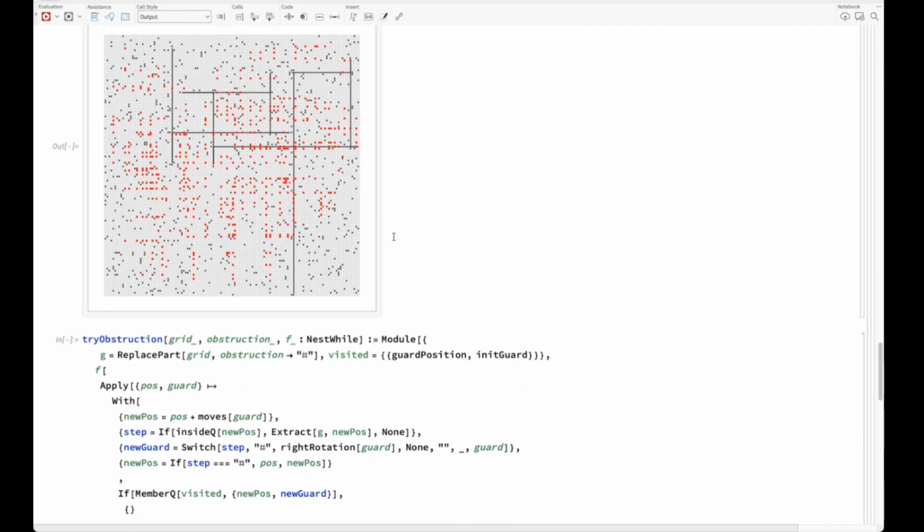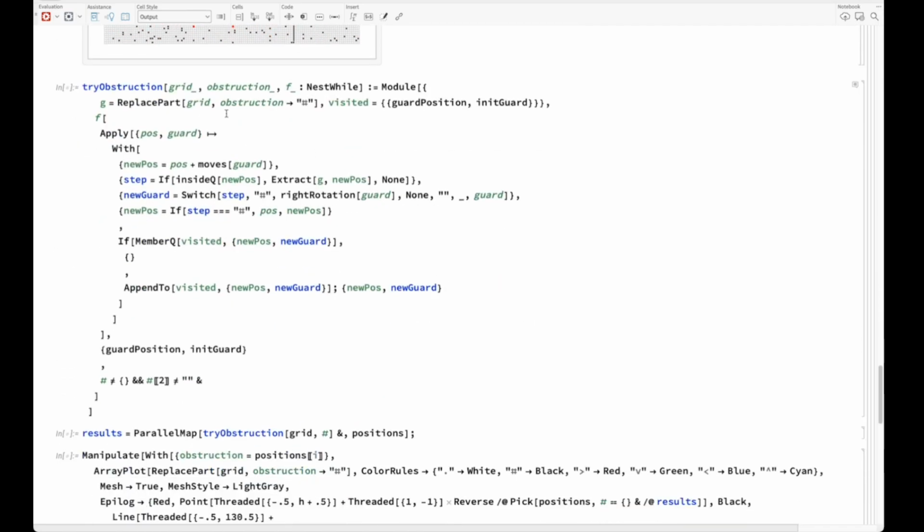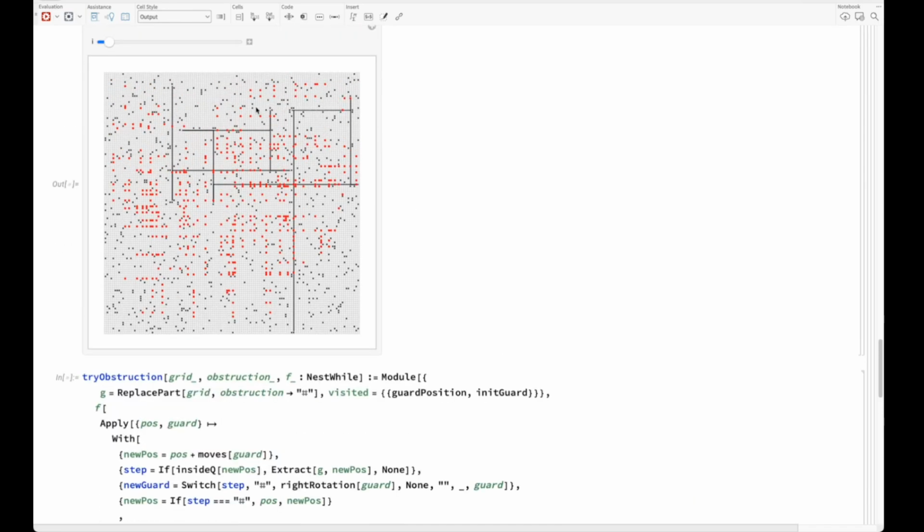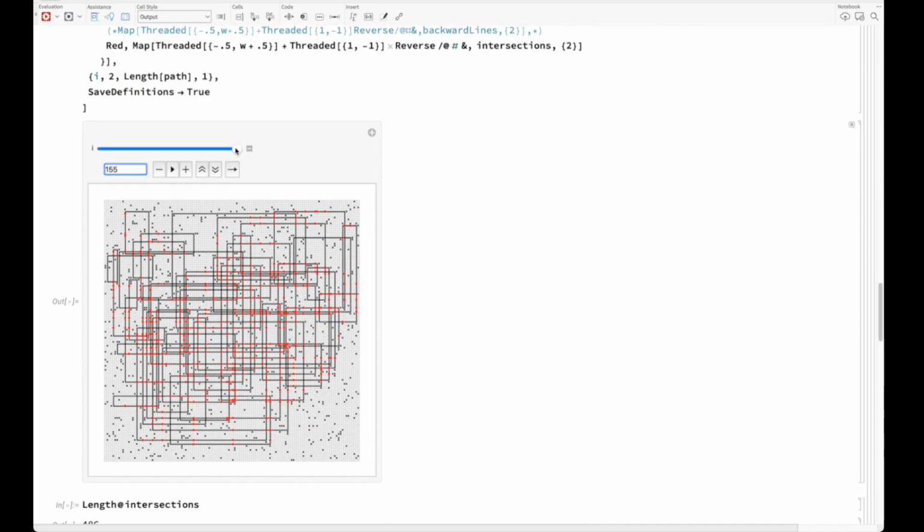I'm sure there is one. So in the end, we just brute forced it. We just tried all possible barriers on the path, on the path from the first part of this problem, right? Because we don't have to consider all of the positions.